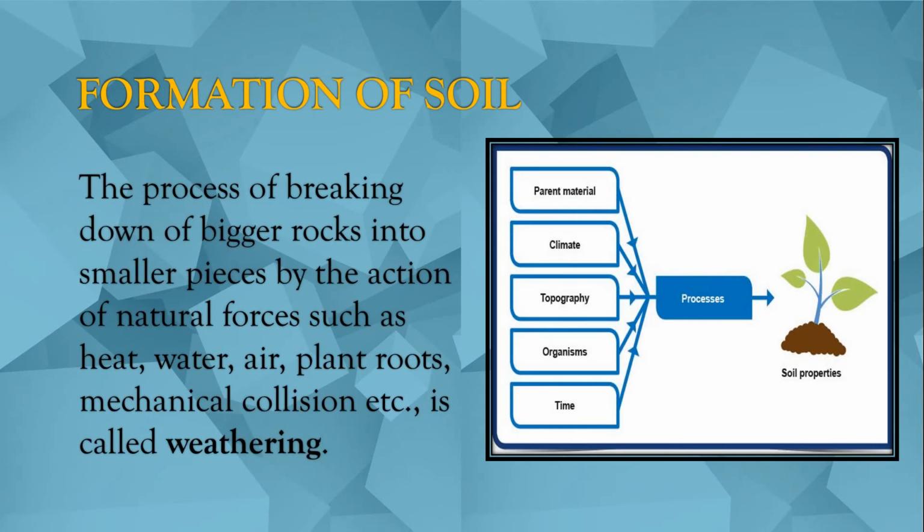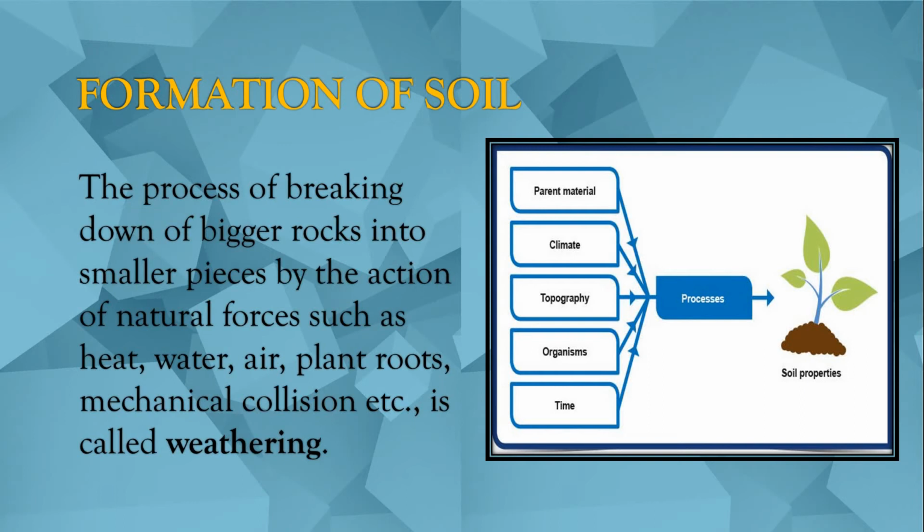Formation of soil. In the very beginning, millions of years ago, the surface of the earth was very hard and rocky. Volcanic eruptions brought molten rocks from inside the earth to the surface. The hot lava flowed and cooled to form igneous rock.